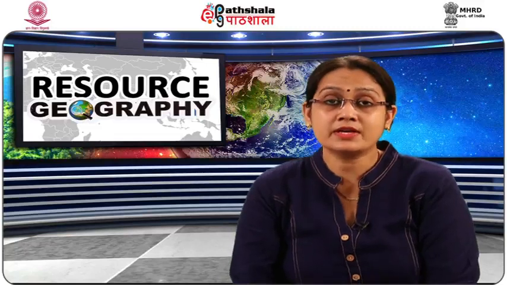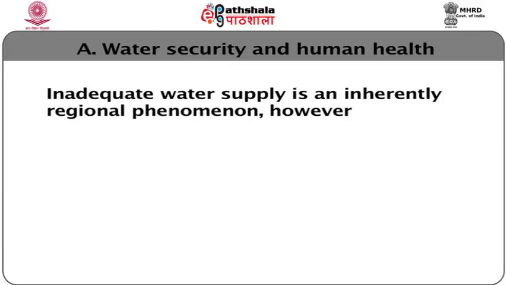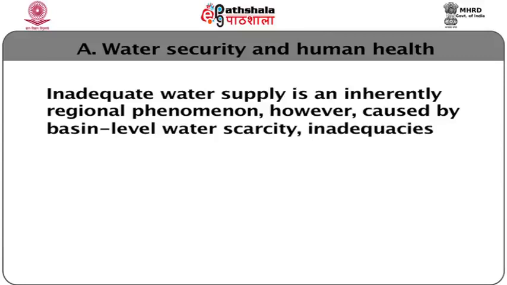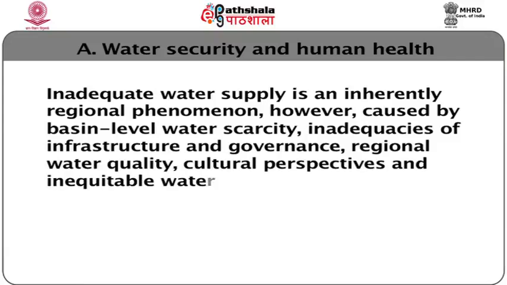Why so? Because inadequate water supply is an inherently regional phenomenon, caused by basin-level water scarcity, inadequacy of infrastructure and governance, then regional water quality, cultural perspectives and equitable water pricing.